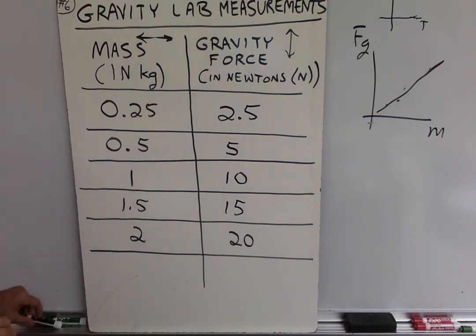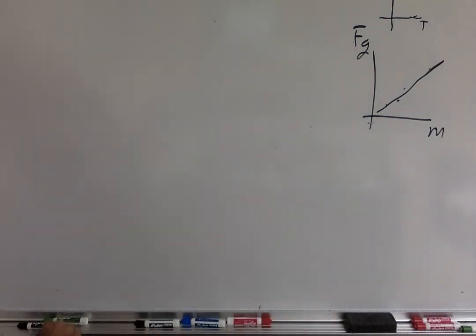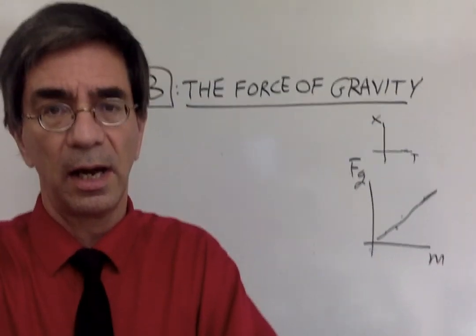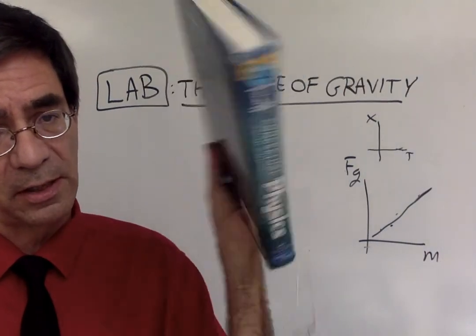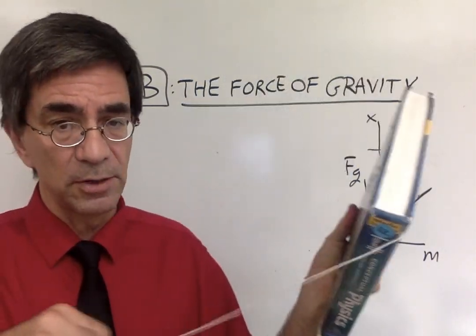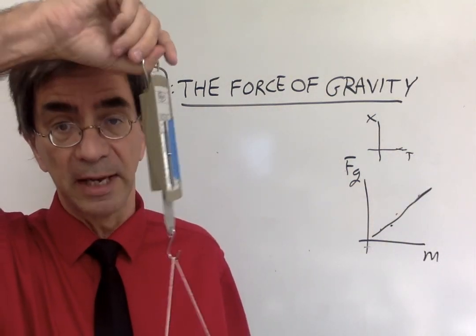Use that to do number 6. And now I will do number 8. In number 8, I don't know the mass when I start. I take something, I call this an unknown, because when I start this, I don't know the mass. I'm going to measure the force of gravity on it, and your job in number 8 is to figure out the mass.